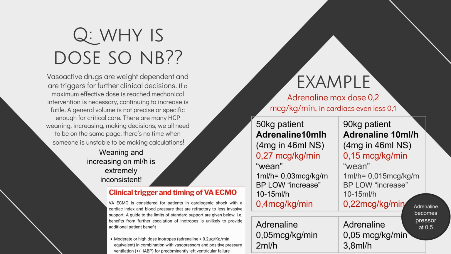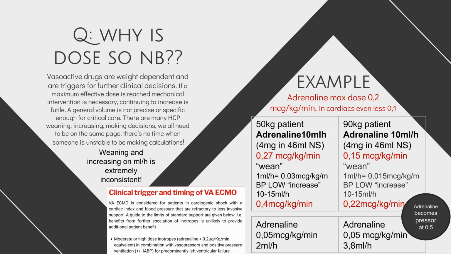Okay, and then I also just wanted to show here at the end, remember we said adrenaline has two natures according to the dosage. Low dose adrenaline under 0.05 mics is considered an inotrope. Above 0.05 mics, it changes into a pressor. So what is that limit on these two patients?